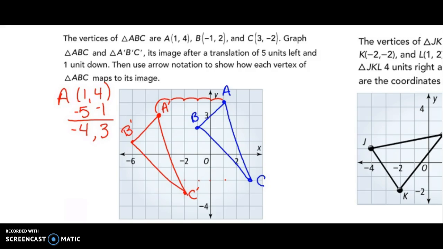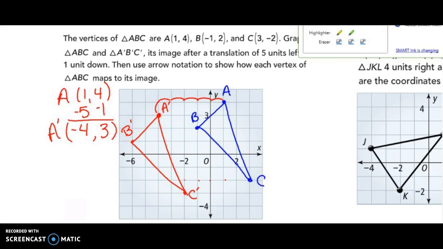When you look over here on this graph, your X will be over -4, and then up 3, and that will be our new position of A prime. Okay, so let's go ahead and take a look at our next one. You can check all of yours with that same method.